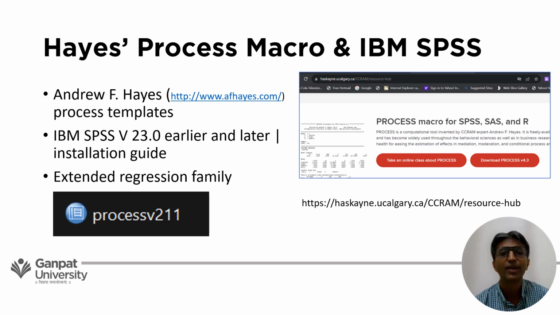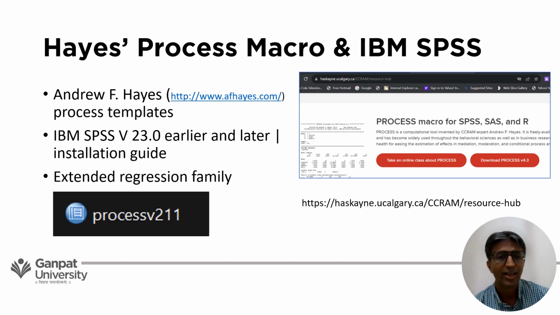Process macro was basically developed by Mr. Hayes, and hence it is always called the Hayes process macro. In this case, you can go to Hayes's official website for the process templates, where 72 to 96 different models are presented.